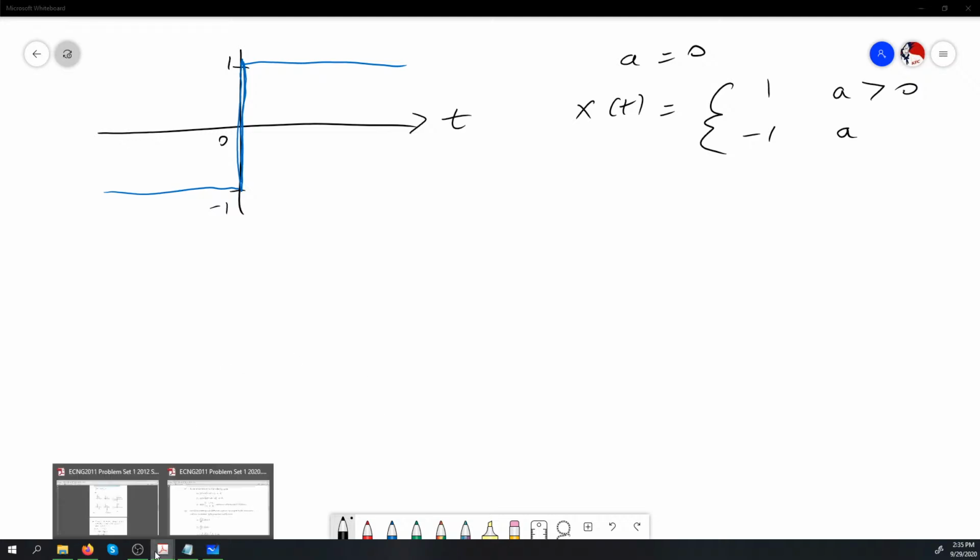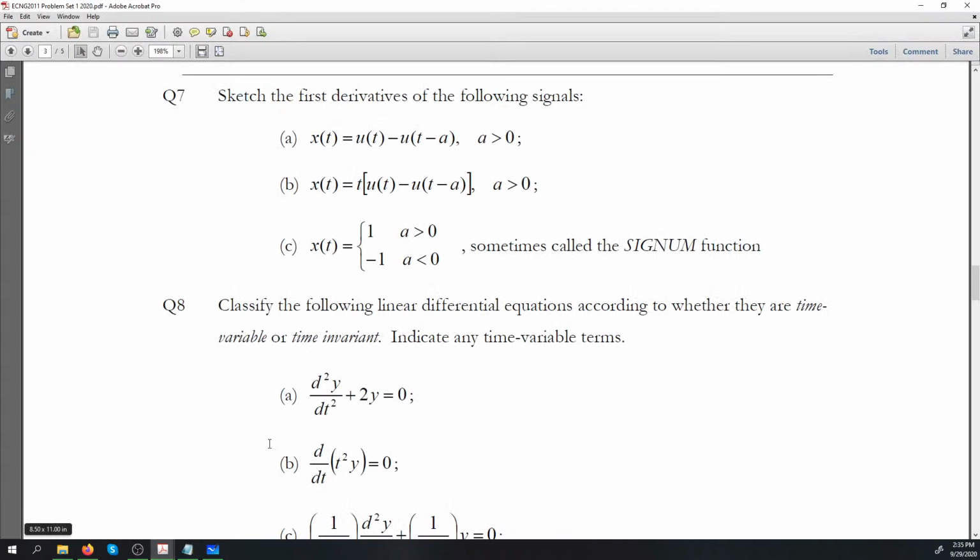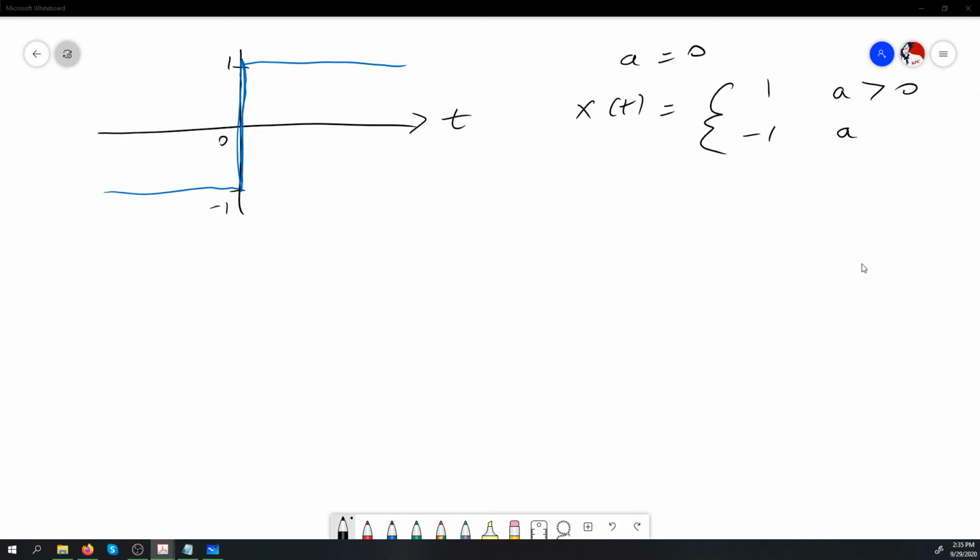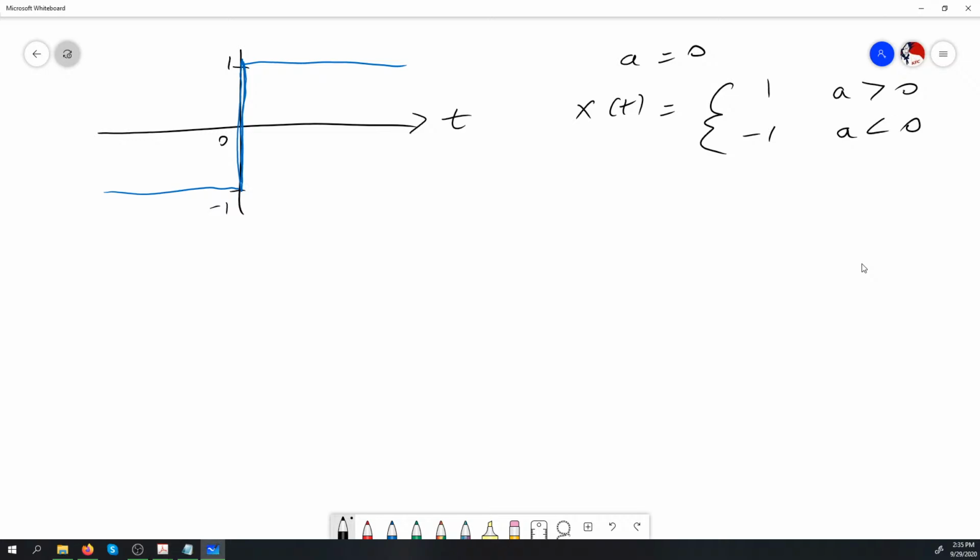Let's check this back just to make sure. So that's actually how you draw the signum function accordingly.